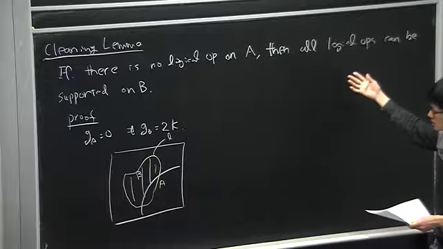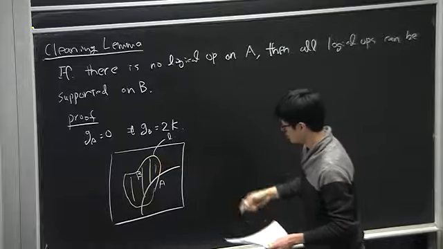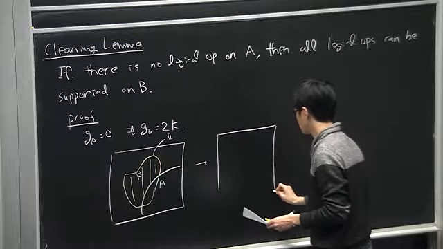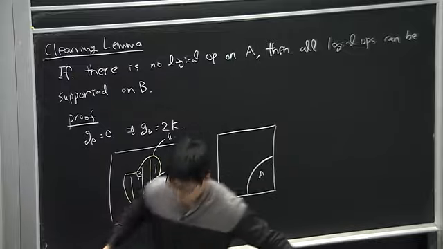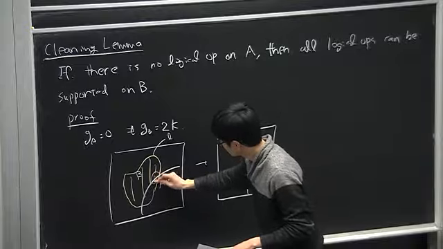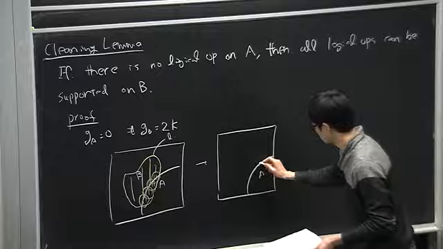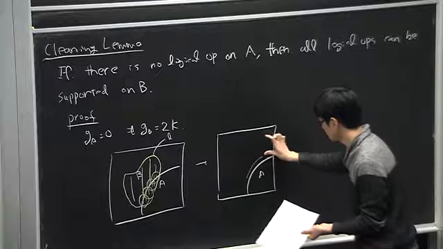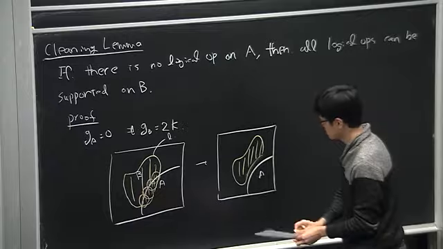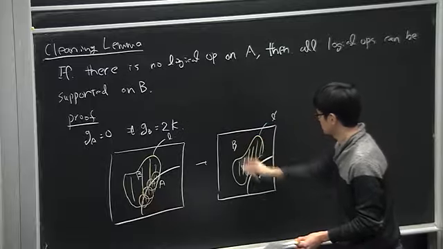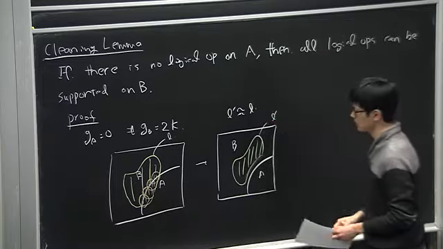But this lemma says that if A does not support any logical operator, then all the logical operators should be supportable on B. This means that there is some procedure, which in many cases just applies some local stabilizer generators near the boundary, so that there's some new logical operator L prime supported fully on B so that L prime is equal to L in the code word space.